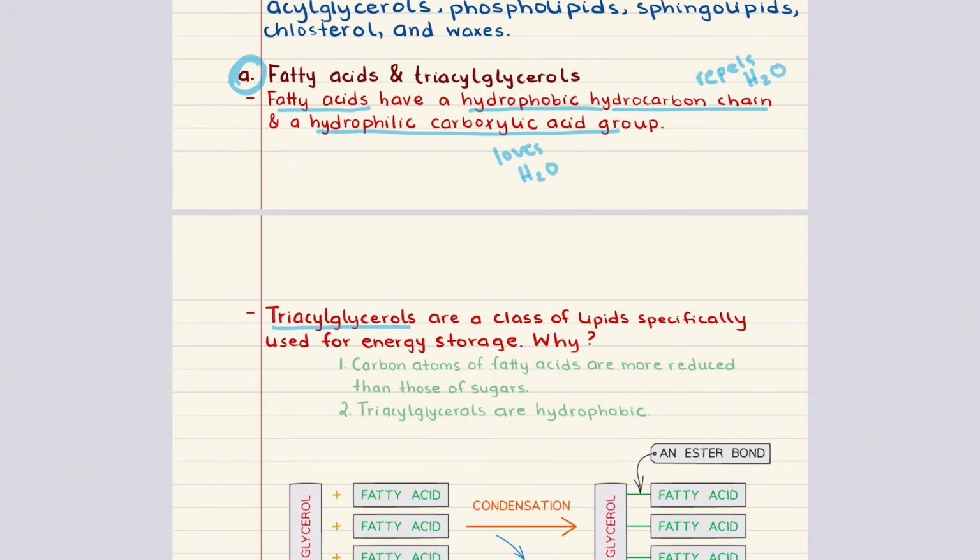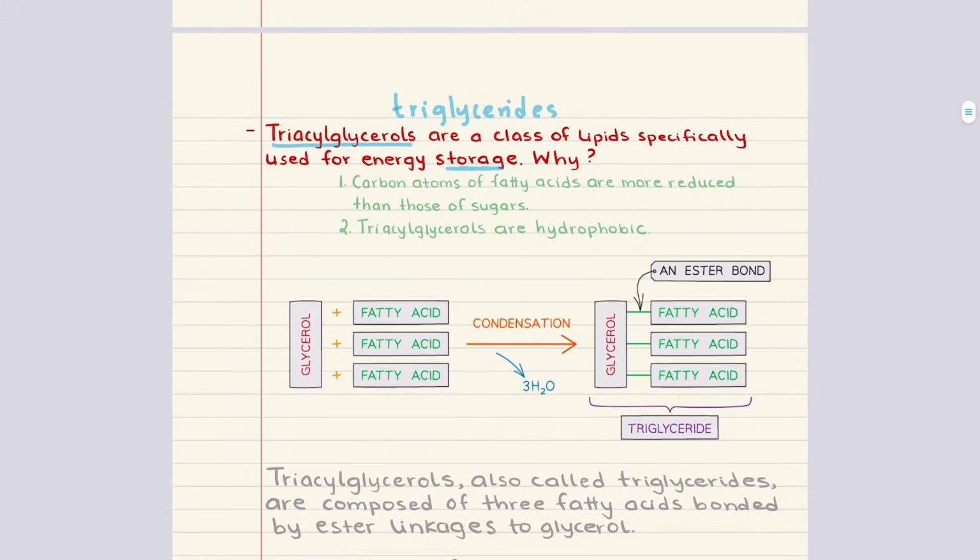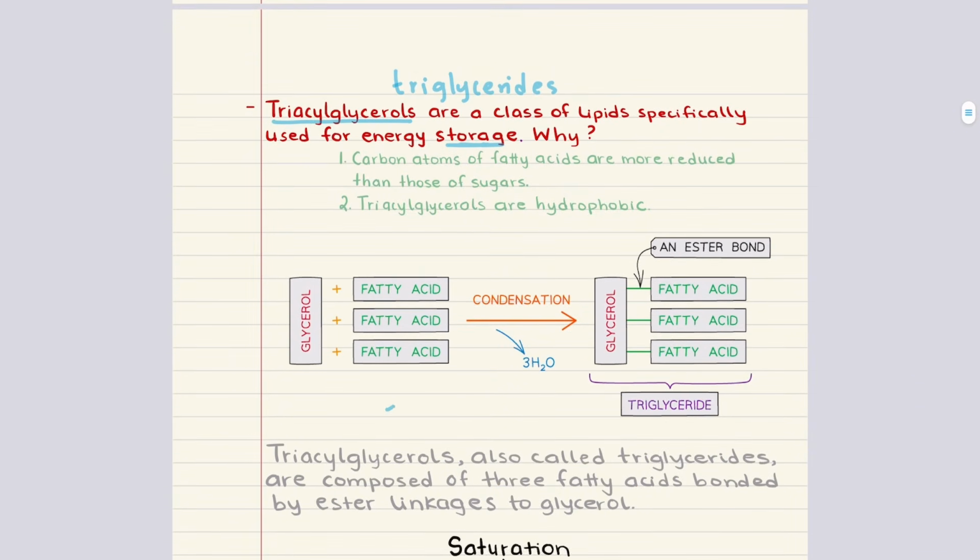Triacylglycerols, also called triglycerides, are storage lipids rather than structural ones, but their chemistry is important to understand. They consist of 3 fatty acids linked to a glycerol backbone by ester bonds, and they're formed through a condensation reaction that releases water.